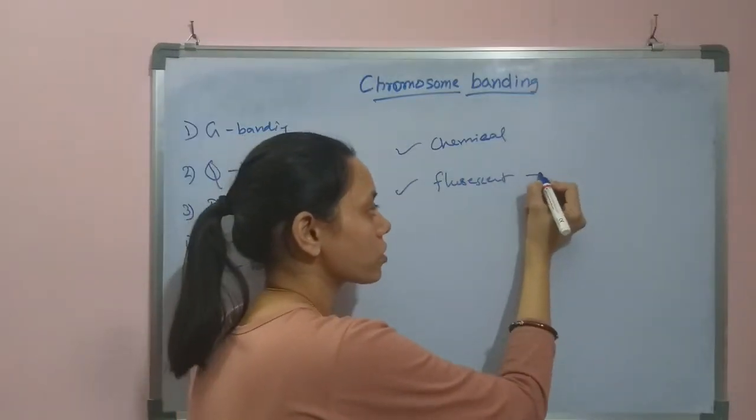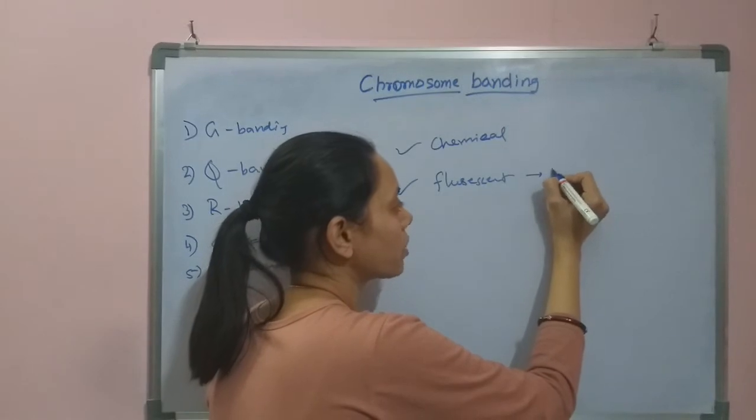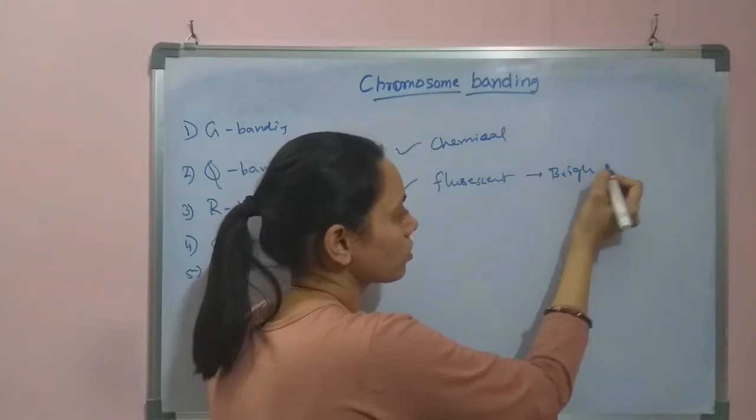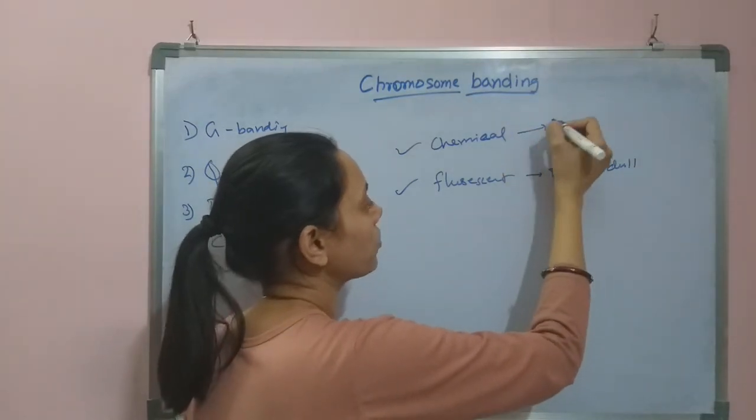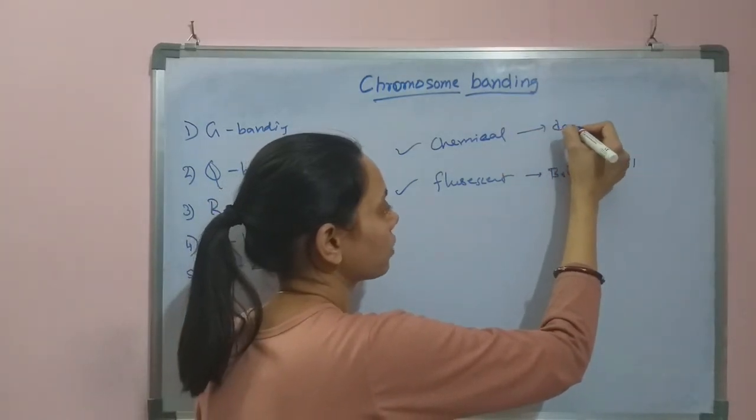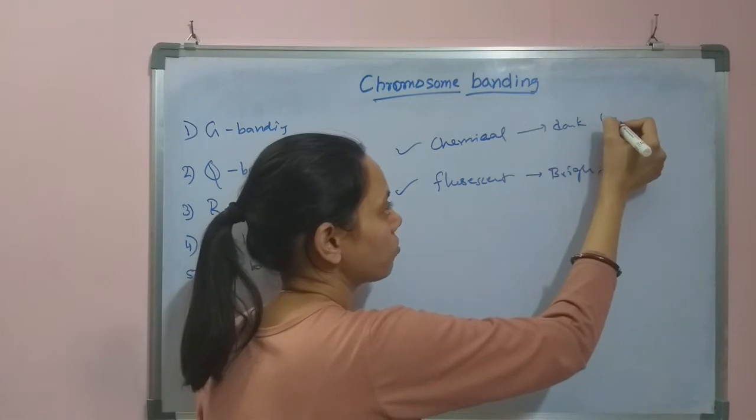If you employ a fluorescent dye, bright and dull bands will appear, and chemical dyes will produce dark and light bands.